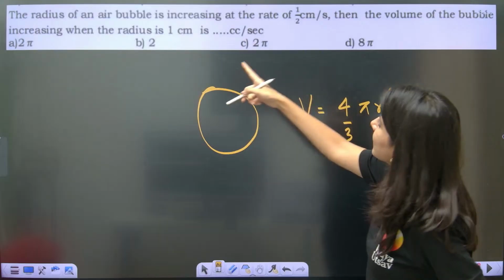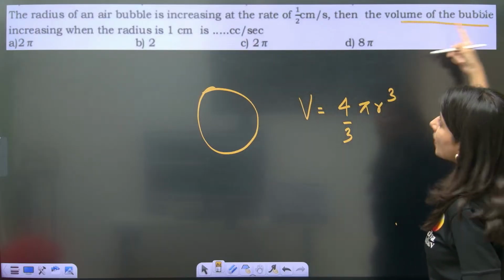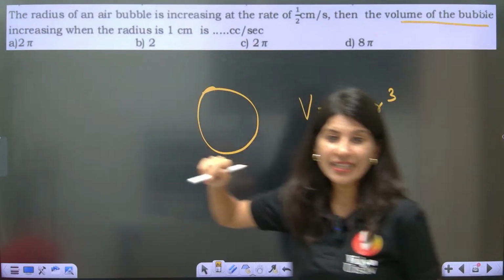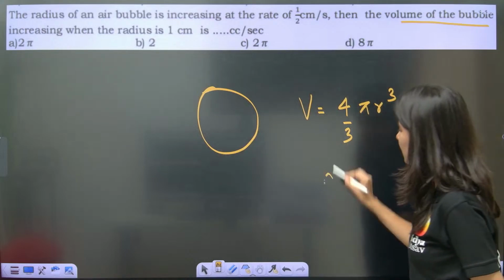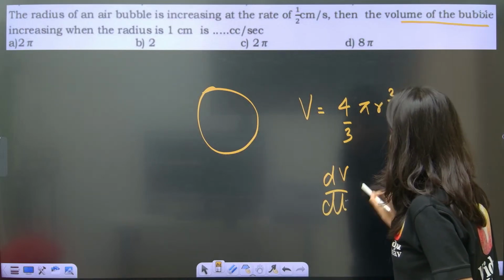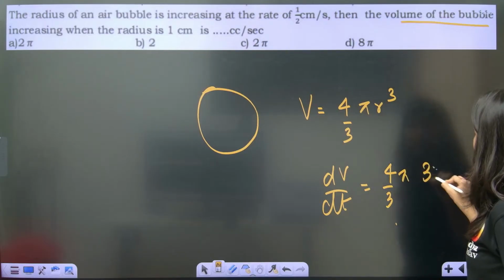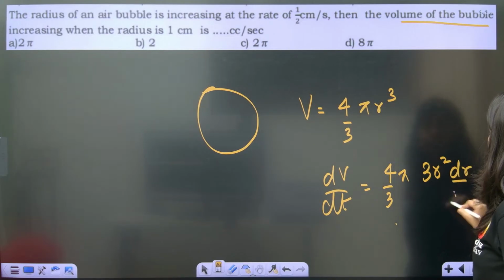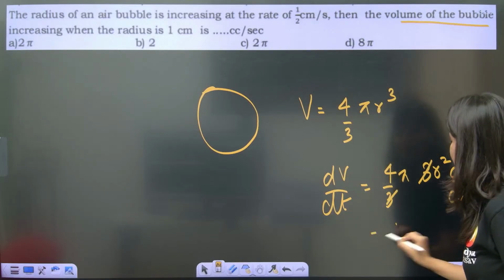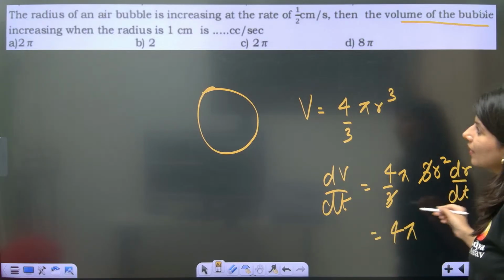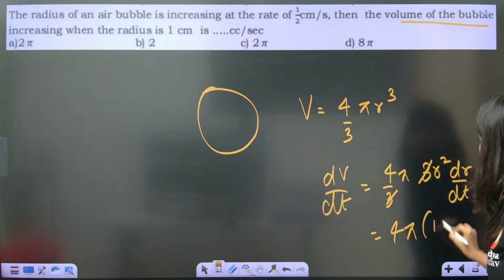Now they are asking for the volume of the bubble increasing with respect to time. So dv by dt equals 4 by 3 pi, which is constant, times 3r square dr by dt, where 3 cancels, so 4 pi r square. Radius is 1, so 1 square.